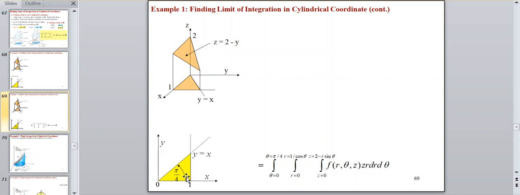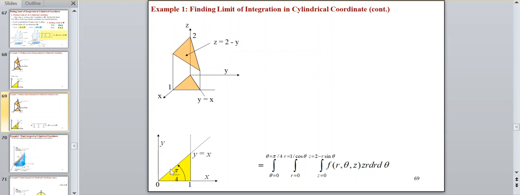Since this line is y equals x, this theta will be 45 degrees or pi over 4. So it means theta is from 0 to pi over 4.